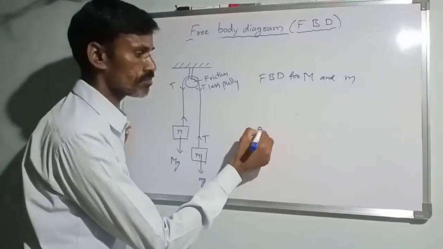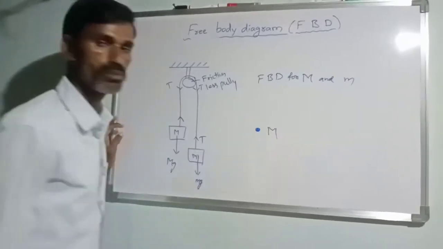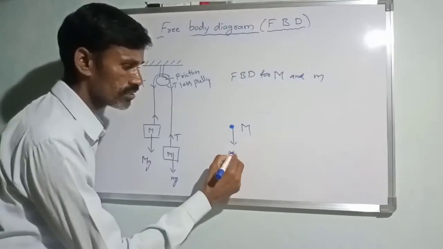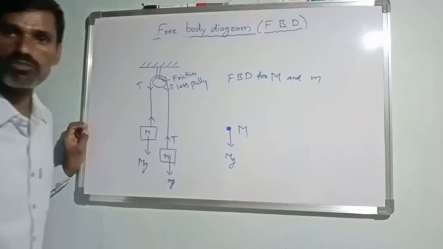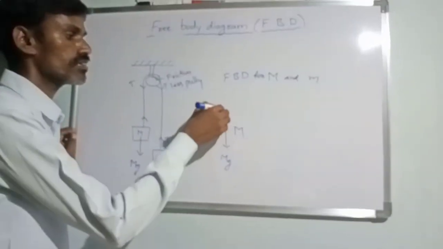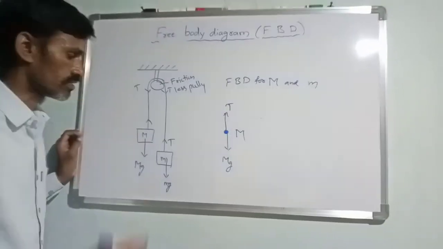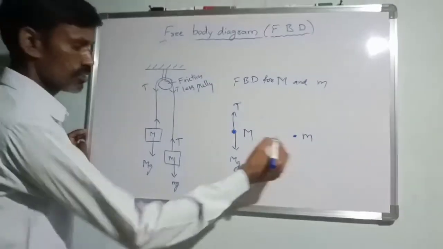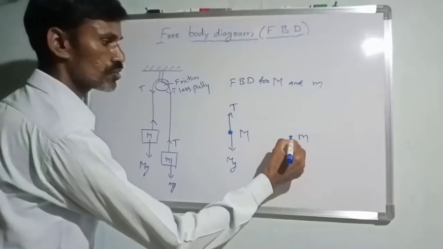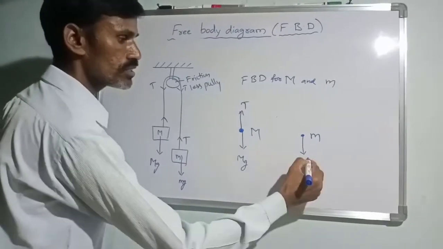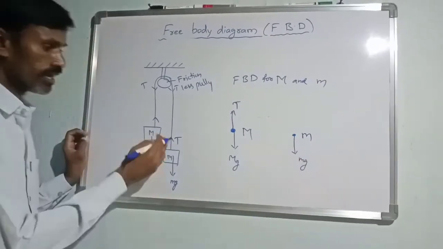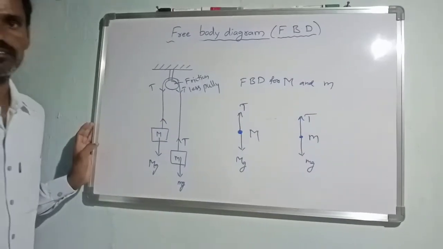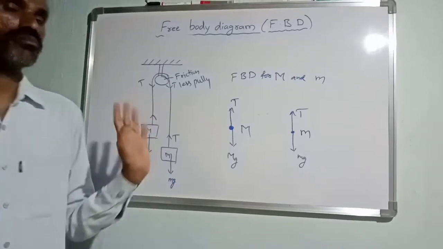For capital M, how many forces act here? The weight Mg in downward direction and the tension in upward direction. And for small m, one is mg in downward direction and tension in upward direction. Okay, so this is the free body diagram.